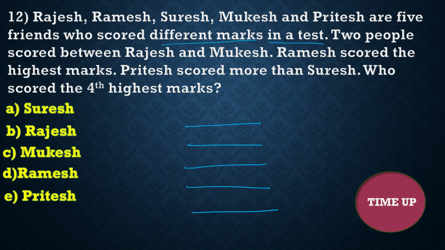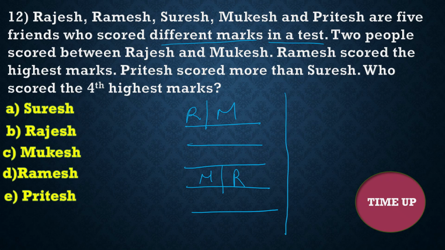So, we can't be sure where Rajesh and Mukesh will be placed here, because they have said there are 2 people between Rajesh and Mukesh. So, I can place Rajesh or Mukesh here, and then Mukesh or Rajesh will be placed here.